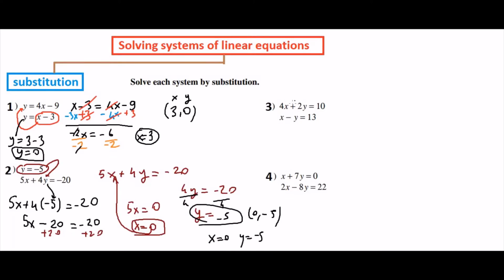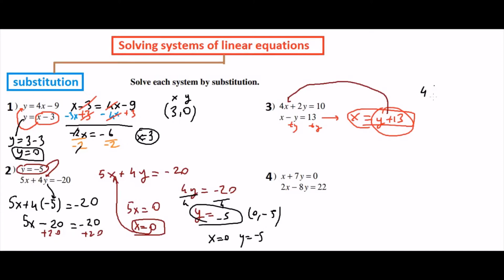Let's use this one. 4x plus 2y equals 10, x minus y equals 13. Either x or y, I'm going to solve for one of them. Let's solve for x here. So x equals, add y on both sides, y plus 13. So instead of x, I can substitute y plus 13 in the first equation.